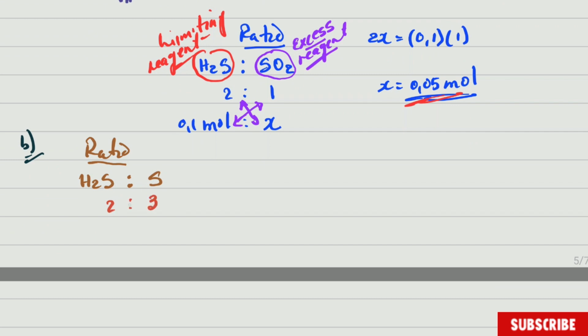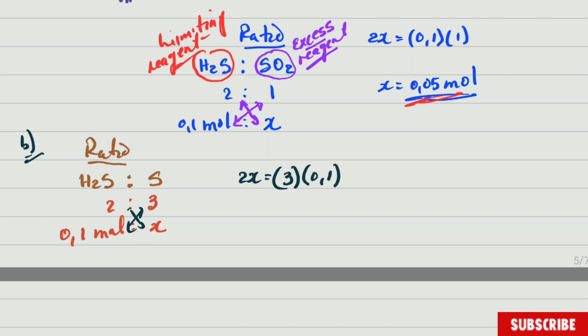So the ratio there is 2:3, and we know that the amount of mole of hydrogen sulfide that was used was 0.1. How much sulfur will be produced if we use that 0.1? Let's write 0.1 mole. And now here, guys, as I say, cross product. Quite simple. When you do that, 2x is equal to 3 times 0.1.